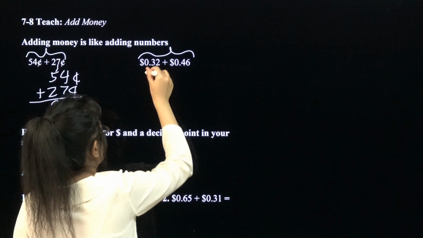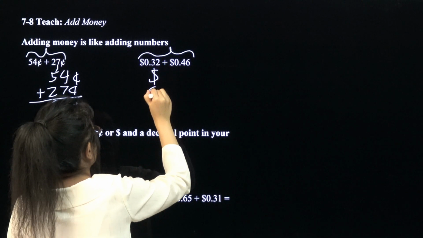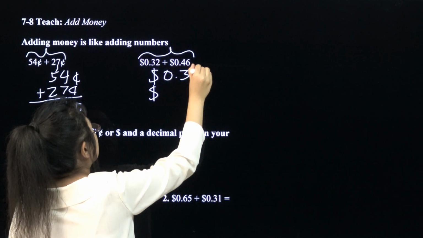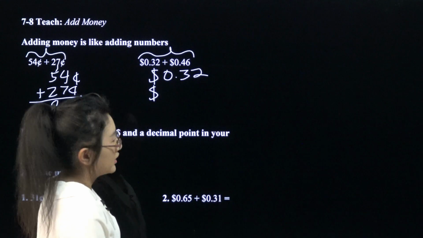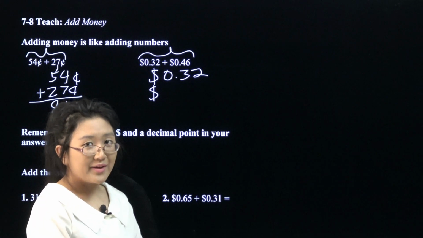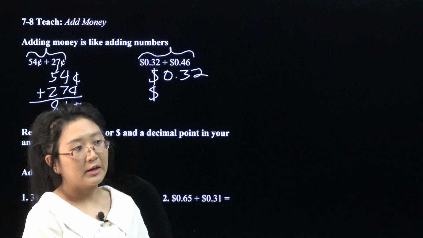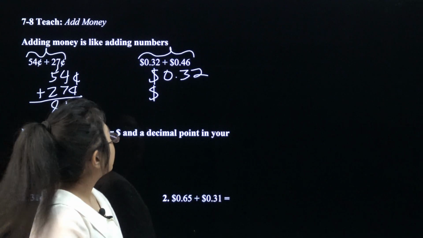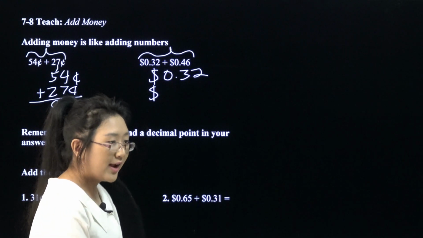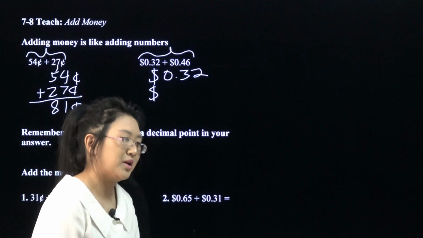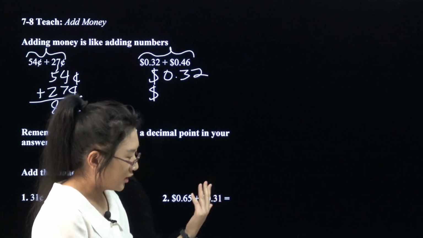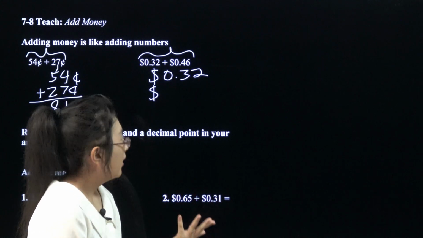But here is where things get a little more complicated. You have to put the dollar sign. You write 0.32. But instead of lining up really anything, you have to line up the decimal point. You do line up the ones place because the ones place is the one immediately to the left of the decimal point.